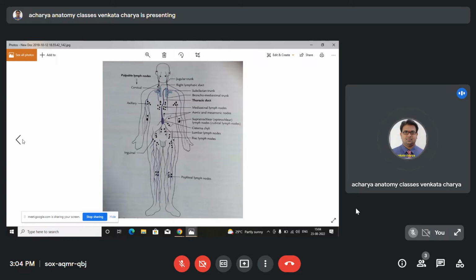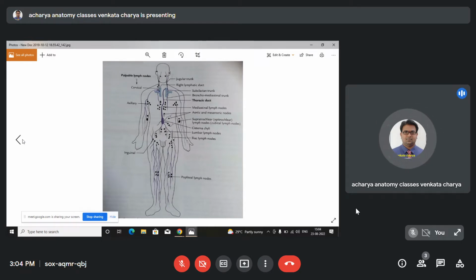So the chyle collects in the cisterna chylae, and from the cisterna chylae up to, see here, the internal jugular vein and the subclavian vein. In between these two structures there is a nodule-like structure, like a string of beads.